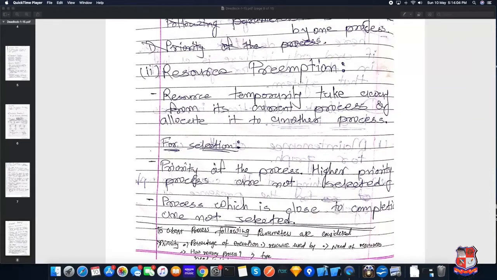The second point is that processes which are close to completion are not selected. If any process is very close to completing its task, we cannot select this type of process for resource preemption.